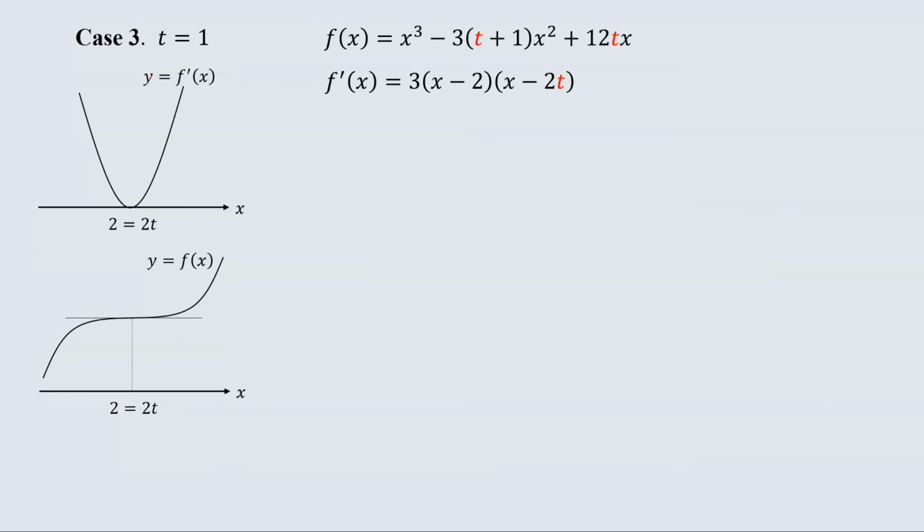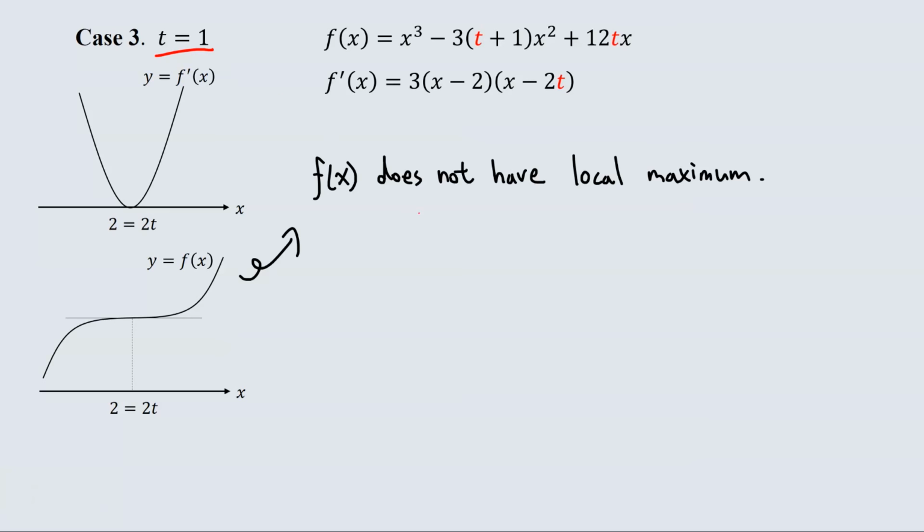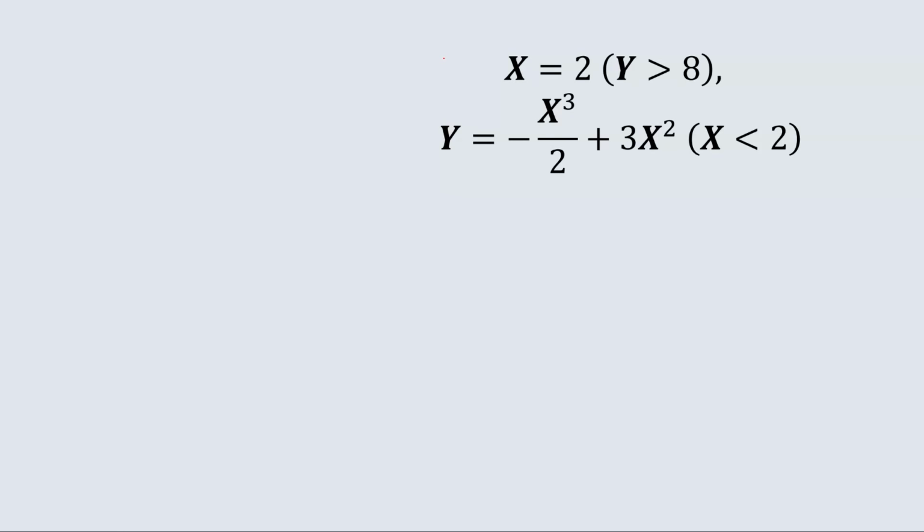And in case 3, when t is equal to 1, I have already explained that f(x) does not have a local maximum. To summarize, the locus of (x, y) is the union of two parts obtained from cases 1 and 2, which is x equals 2 while y is greater than 8, and the cubic function y equals minus x cubed over 2 plus 3x squared when x is less than 2.